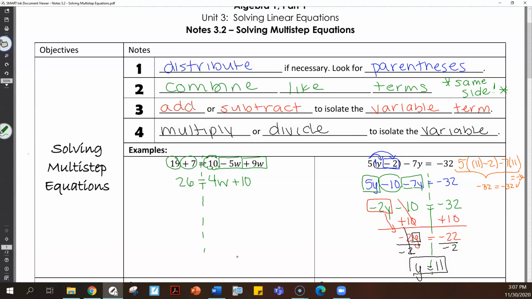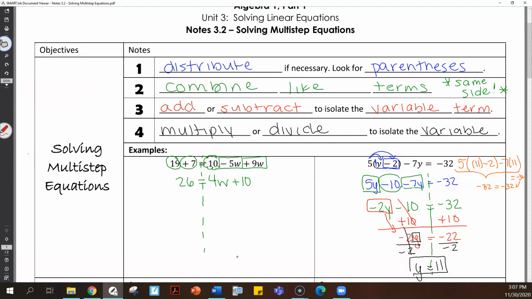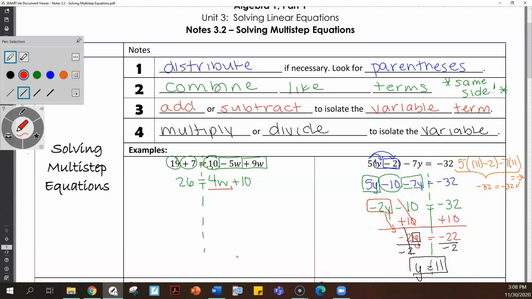Okay. From here, now I have a two-step equation. So I'm going to find my variable term and get that by itself. My variable term is 4w. It's my variable and anything connected to it. And I'm going to ask myself, is 4w all by itself on one side of the equation? The answer, of course, is no, because I have this plus 10.